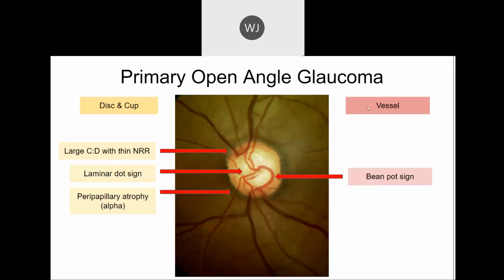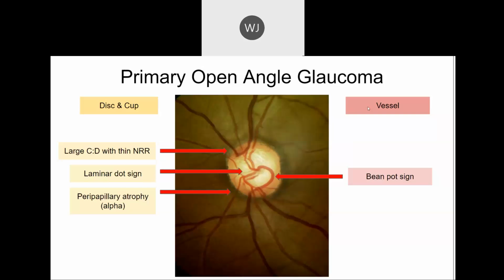So one very important sign is that it'll have a large cup to disc ratio with a thin neuroretinal rim, as you can see on the diagram. The disc is actually pink in color, but then there's expansion and increasing in the diameter of the cup covering over the disc.